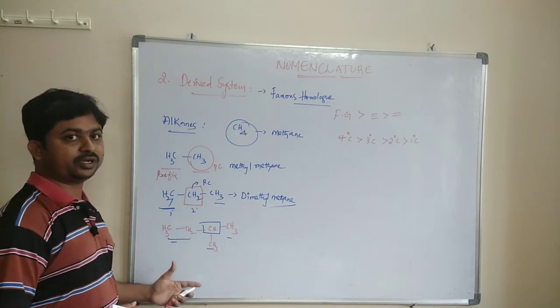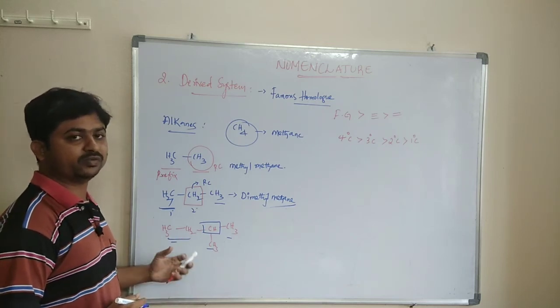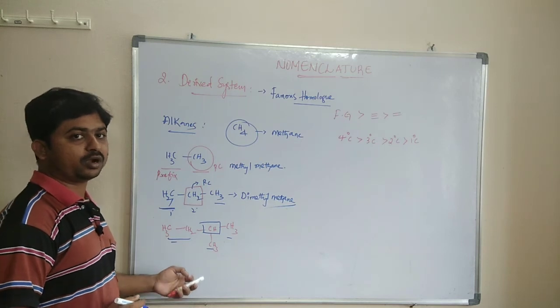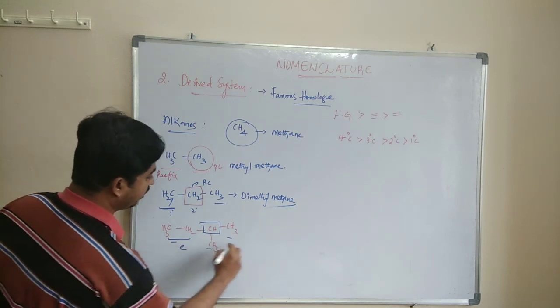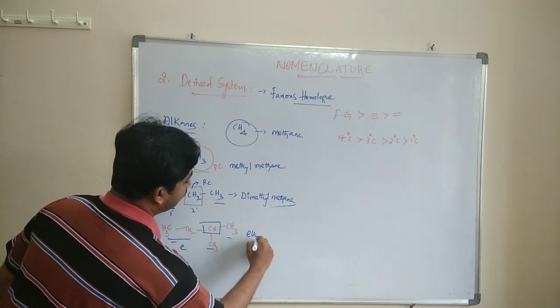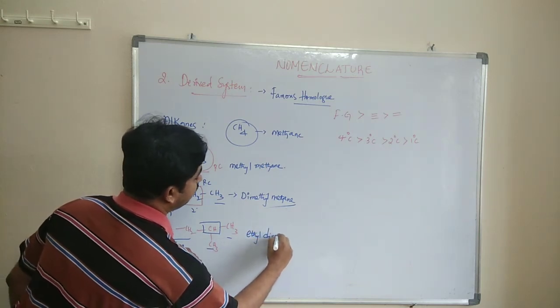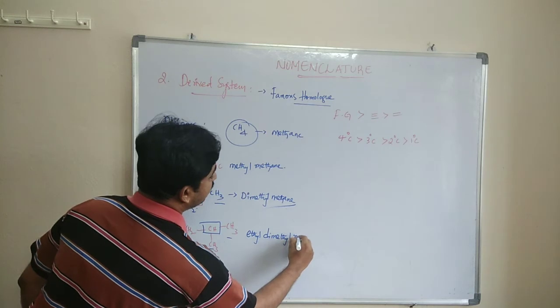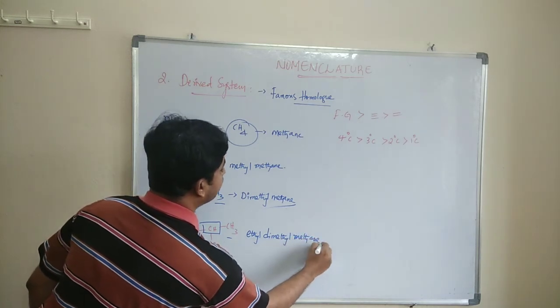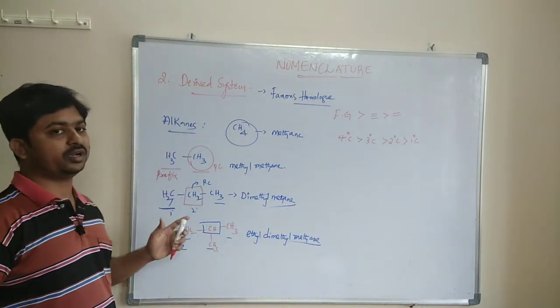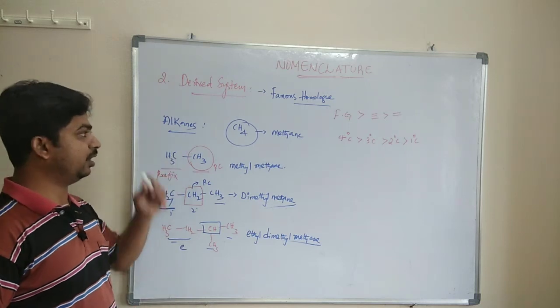So different alkyl groups are present. In this case we can go for naming according to the alphabets. So ethyl, dimethyl, methane is the name of this one. So like this we can go for derived system of nomenclature for alkanes.